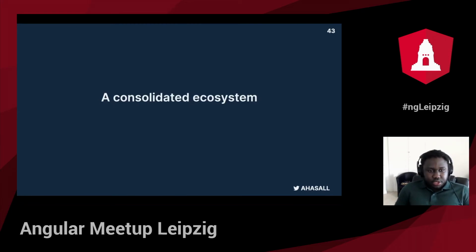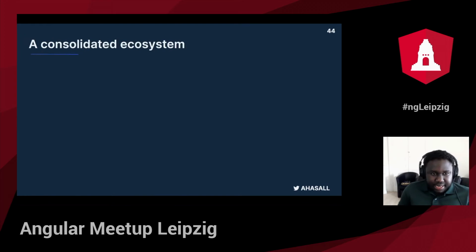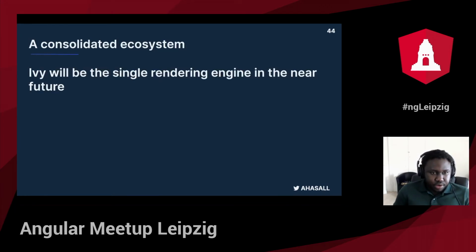Okay. So I think also that we are moving towards a more consolidated ecosystem. Since Angular 9, Ivy is the default rendering engine, but View Engine, the old rendering engine, was still around. And in V12, we are moving towards Ivy being the single rendering engine.